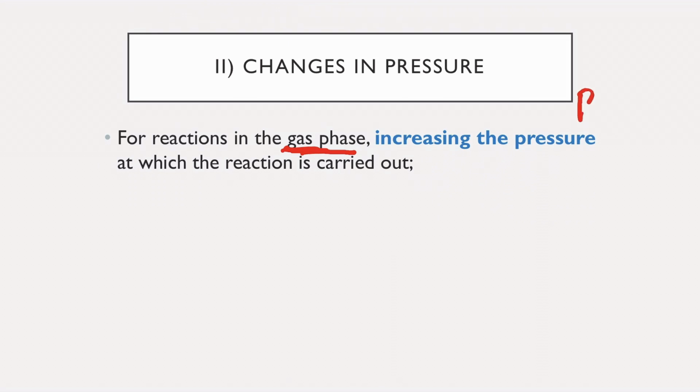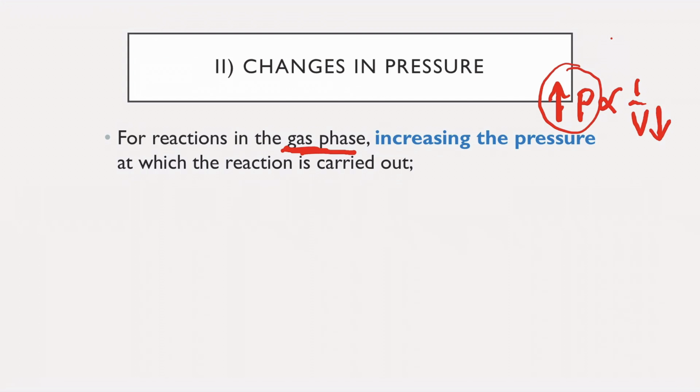Okay, when you increase pressure, remember that pressure is inversely proportional to volume. So, increasing pressure means you are actually doing that by decreasing the volume of your container. Okay. Why, when you decrease the volume of your container, does the pressure increase? Why does the pressure of your gases increase?